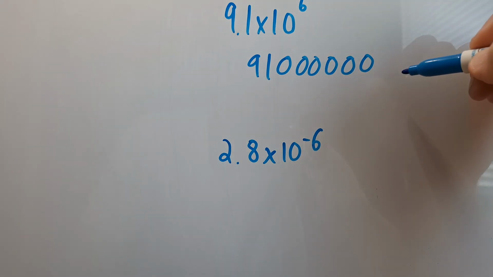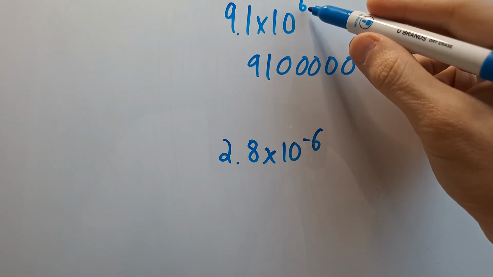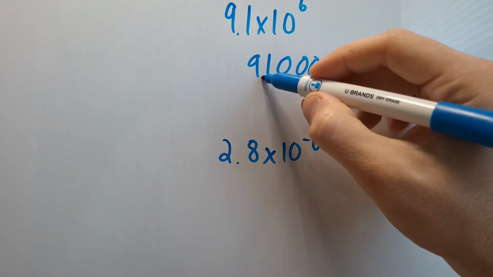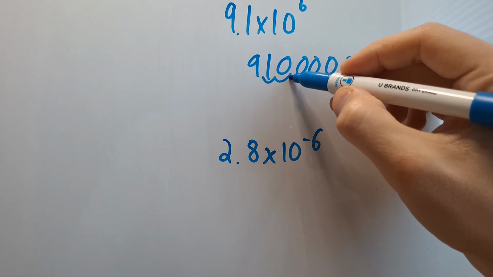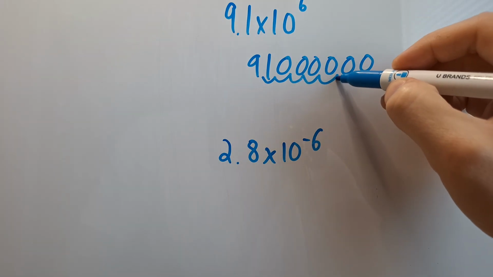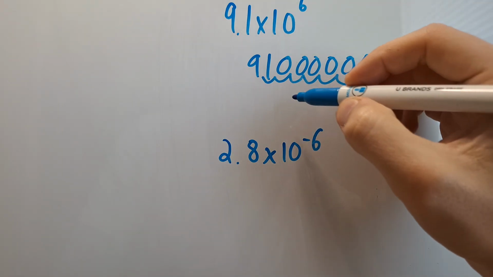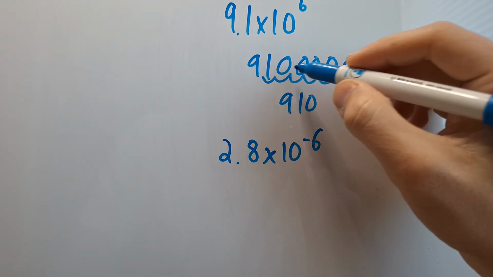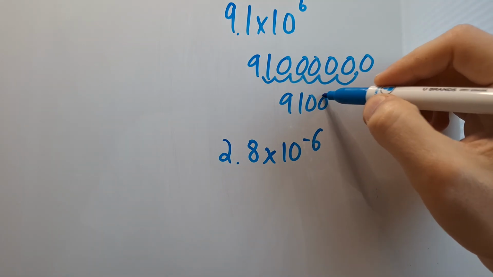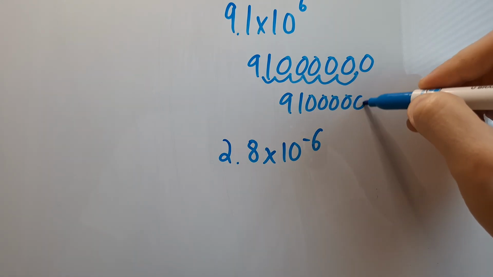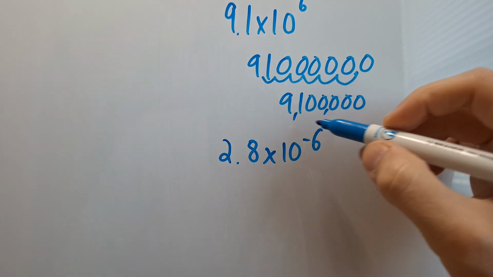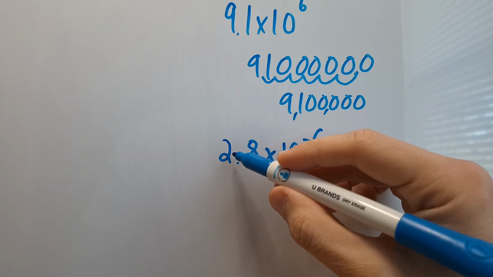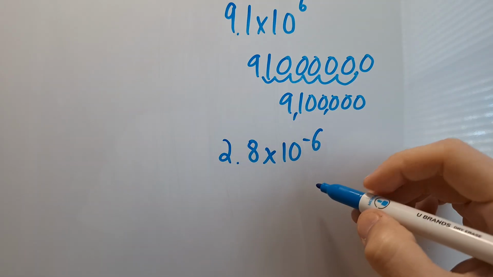Usually, as a good safety precaution, what I do is I'll write that many number of zeros. I may not need that many, but let's just see where we go. We were right here originally, so 1, 2, 3, 4, 5, 6. So I only had 1, 2, 3, 4, 5 zeros. This number is 9,100,000.